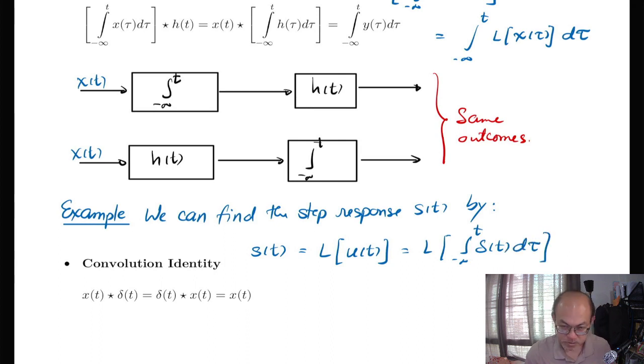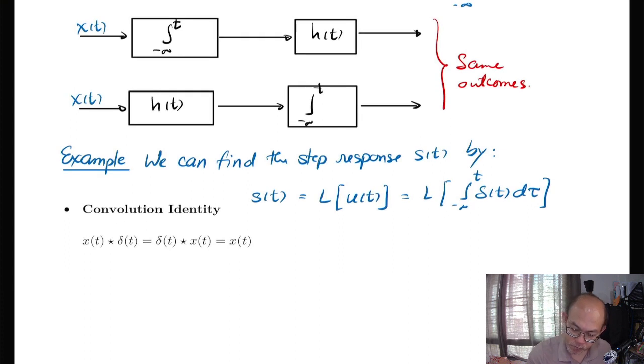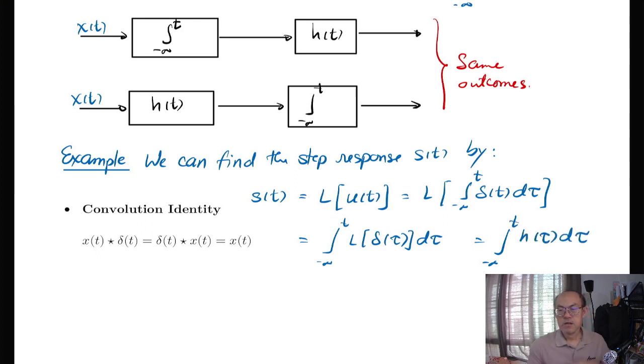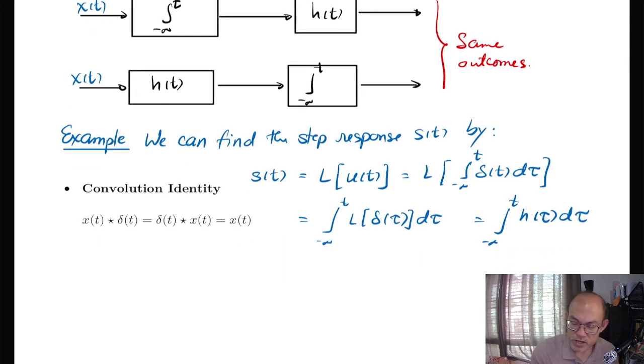And from the integration property, we know we can take L inside of the integral and get this. But L of delta is just the impulse response, right? So this is the integral of the impulse response. So if we integrate the impulse response, the result will be the step response.